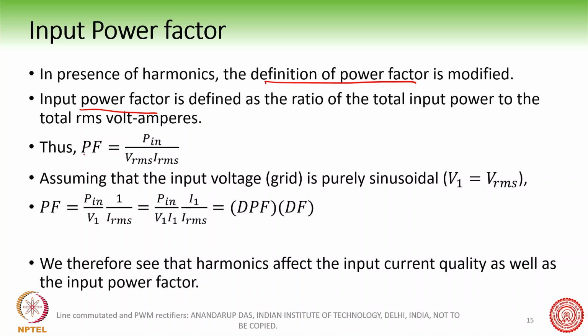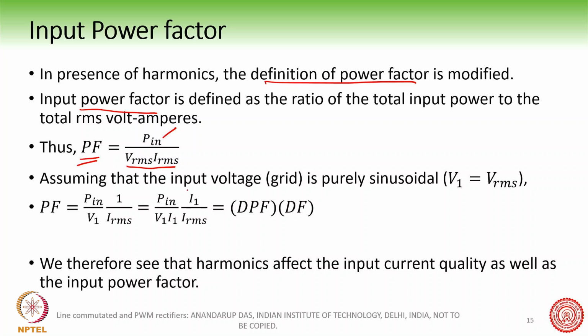Which basically means the input power factor is the power P in, which you are feeding to the equipment or to the load, divided by the total RMS volt ampere. You have a source and you have a load. How much power is going into the load is P in, and V RMS times I RMS is the input RMS voltage times input RMS current, right?